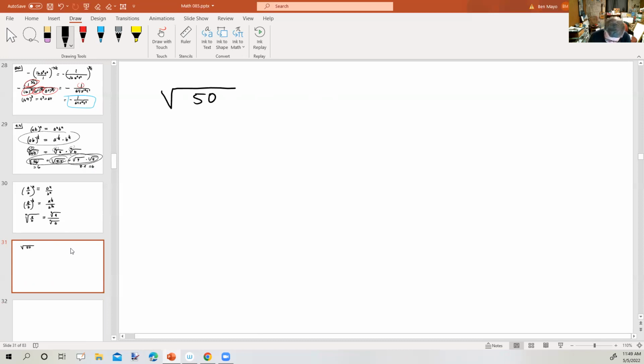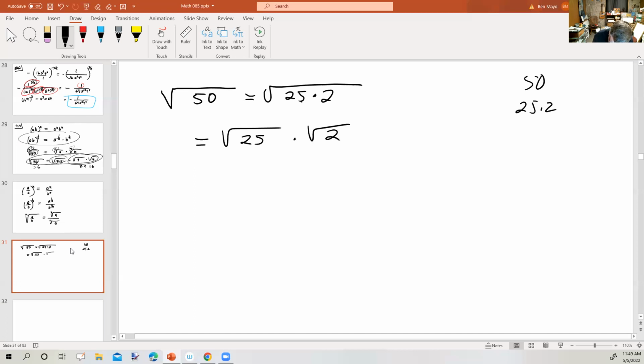So what we want to do is take 50 and write it as perfect squares and leftover factors. So for instance, 50 could be written as 25 times 2. Then using this rule, I can split it apart like that, okay?